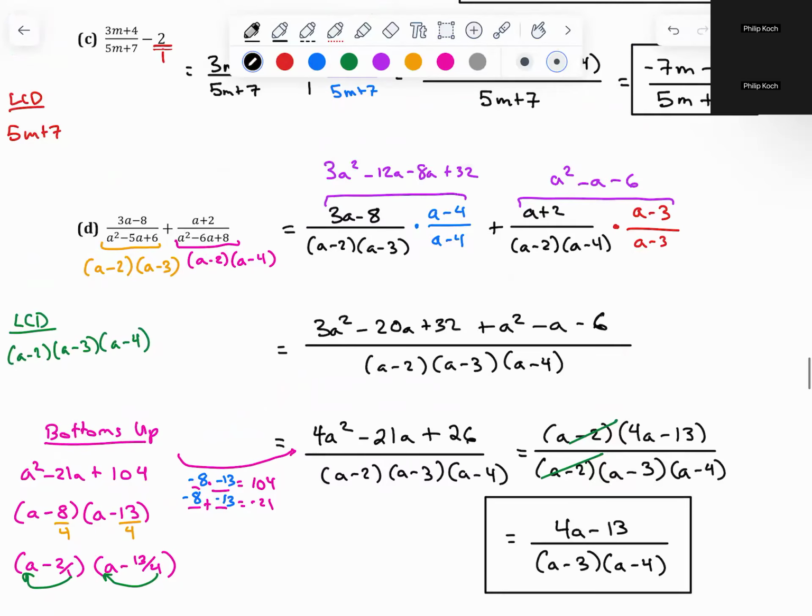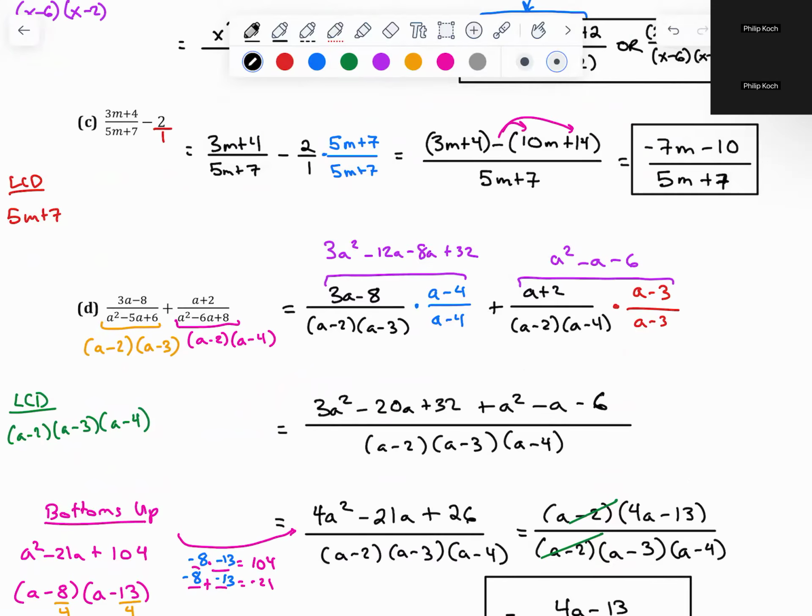Okay, so here's the work on both of them. The part C was a lot faster than part D. We only needed to multiply the second fraction, quote unquote fraction, it's 2, but you treat it as a fraction, by the LCD because the first fraction already had the LCD. So we multiply 2 by 5n plus 7 over 5n plus 7, and it's being subtracted, so you need to distribute that minus sign.